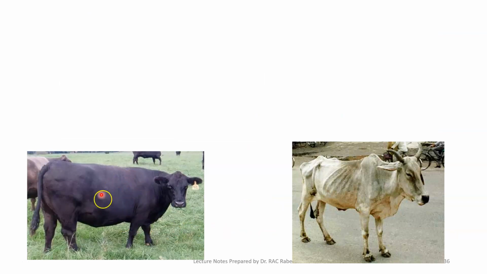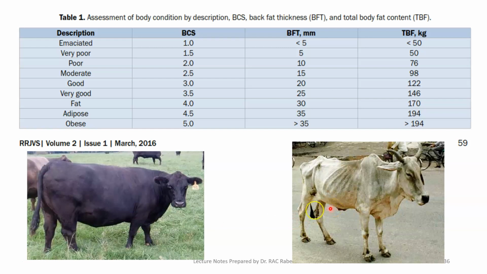So you see, these are animals with high or poor body condition score. A very high body condition score, and this is an animal with poor body condition score. For each body condition score unit, from 2 to 3, body fat is 10 millimeters, 3 to 4, another 10.